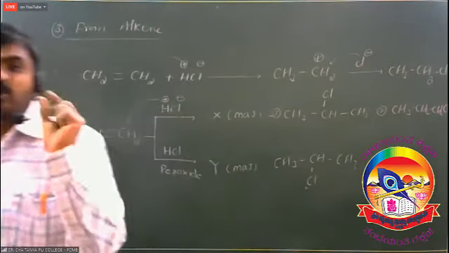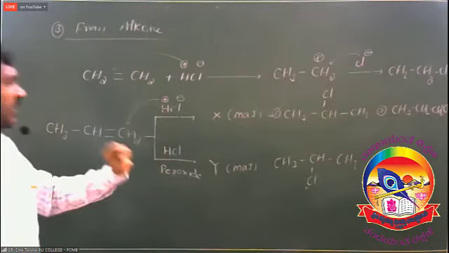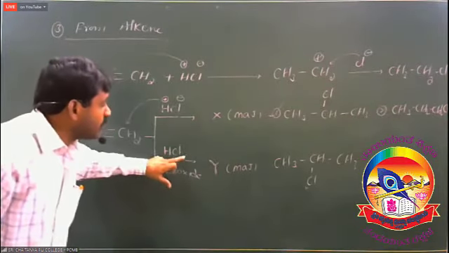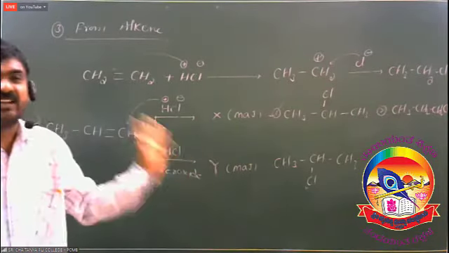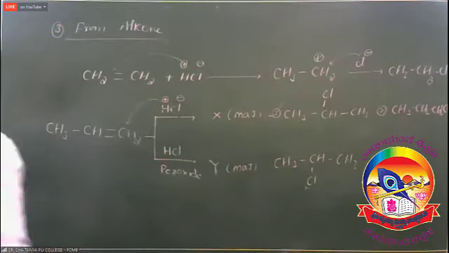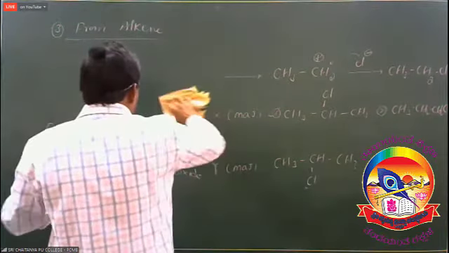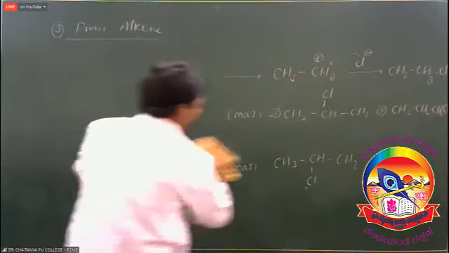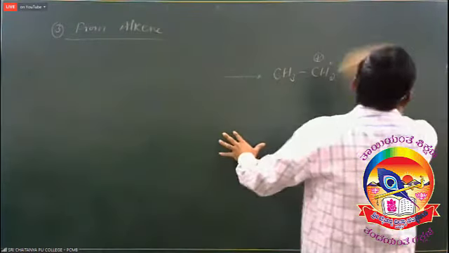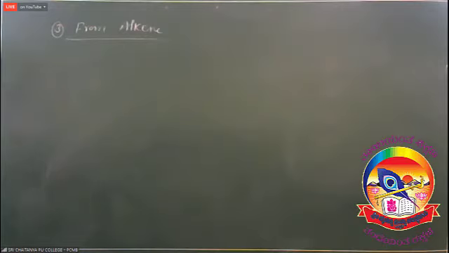The anti-Markovnikov rule, also called the Kharasch effect, is applicable only for hydrogen bromide, but not HCl or HI. With HI, it is a reversible reaction and not suitable. So, same example.